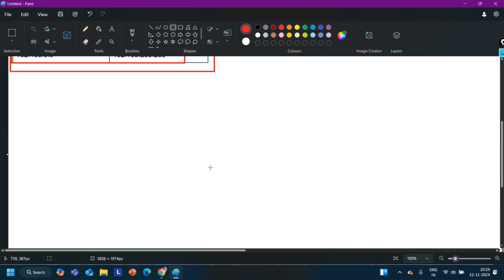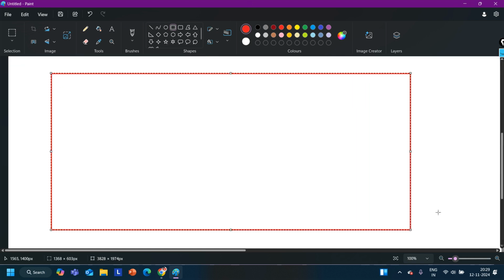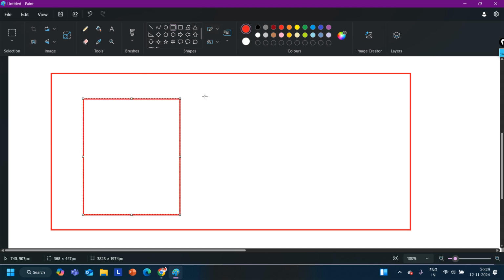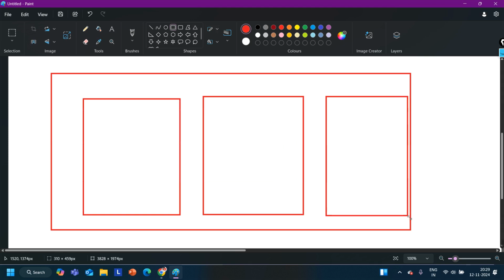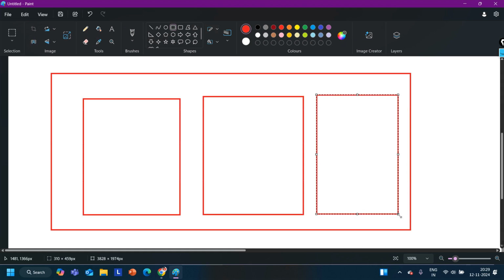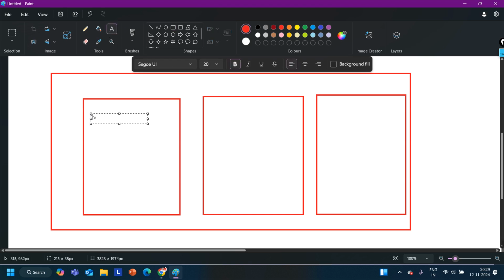Why, guys? Let's say this is a company, and in this company there are multiple departments, right? So private IP address is used for internal communication. How are these three departments going to communicate? Here definitely we need a unique IP address in each department.